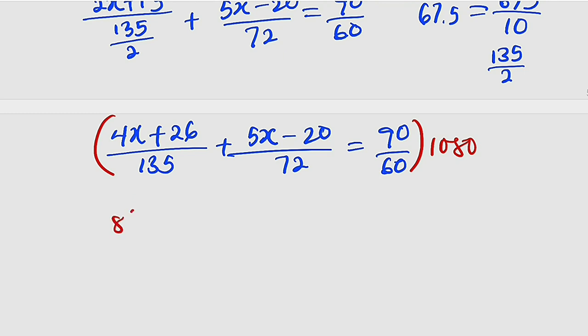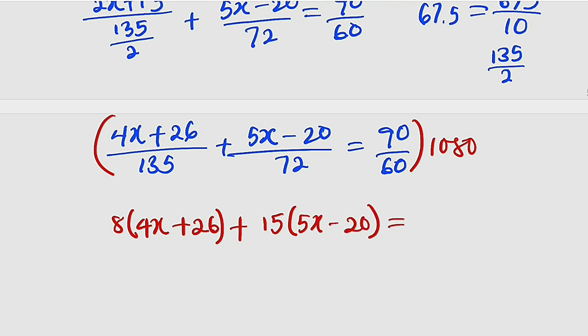So that 8 you have to multiply by the numerator, right? 4x plus 26. 72 can go into 1080 exactly 15 times. So we have 15 multiplied by 5x minus 20 equals 60 can go into 1080 exactly 18 times. So we have 18 multiplied by 90.